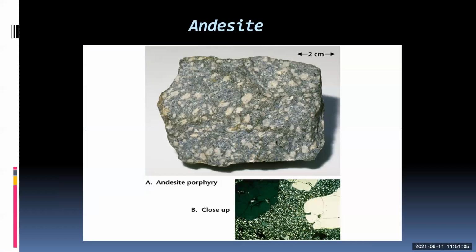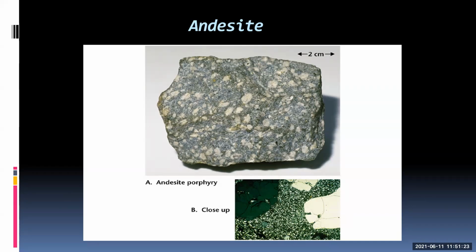Here's a piece of andesite. Andesite often has a porphyritic texture, that is both small mineral grains and large. It's an extrusive igneous rock, but often it'll have these large, you can see those little white blebs in there.